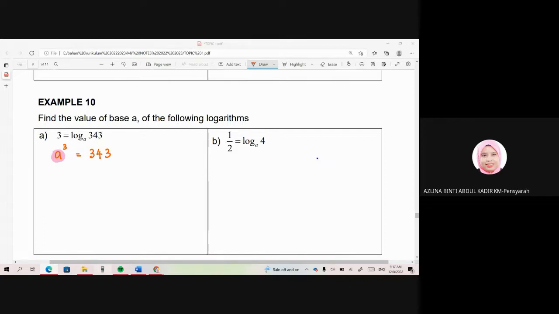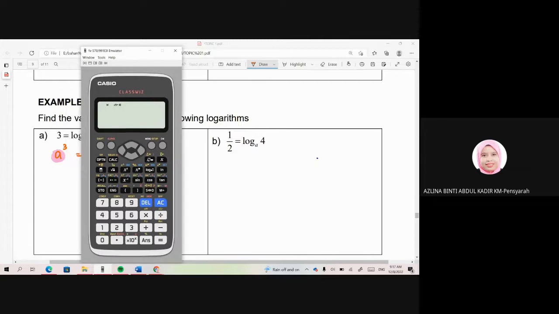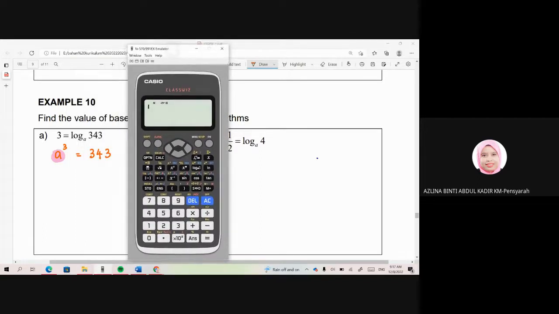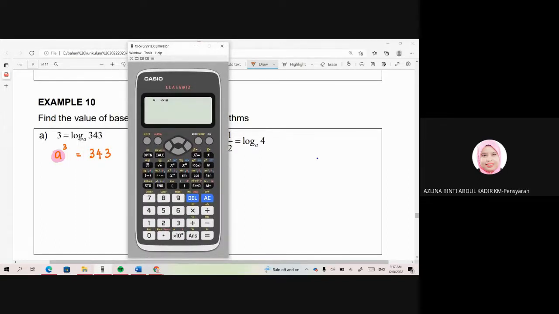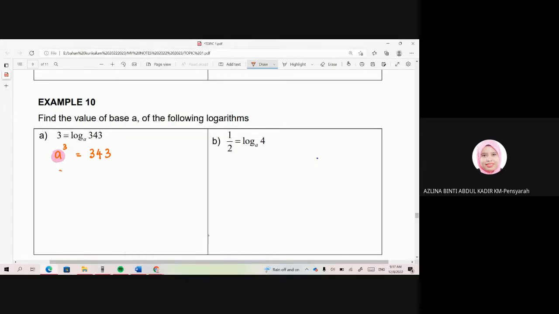Value of 343, change to which base? The power is the same, power 3. So you check calculator, we have 7 cube, right? 7 cube is 343. So A cube is equals to 7 cube. Now we have the same index, 3, so you just compare for base. So A is equals to 7.